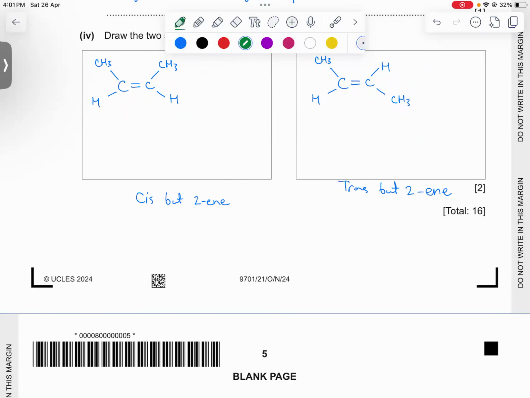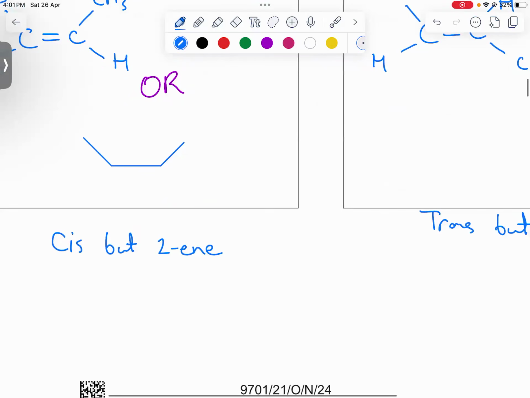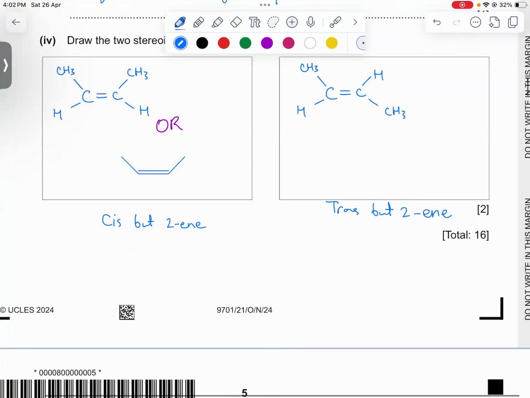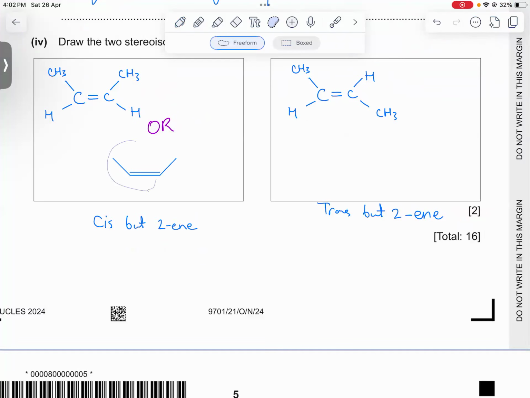Or you could draw their skeletal formula, and their skeletal formula could look like this, and then this. All right, that is all you had to draw. Try making it look almost similar, okay? And then the double bond can be right here to show that it is a double bond. And then for the other one, you just draw like this, and then you take this line and put it over here.